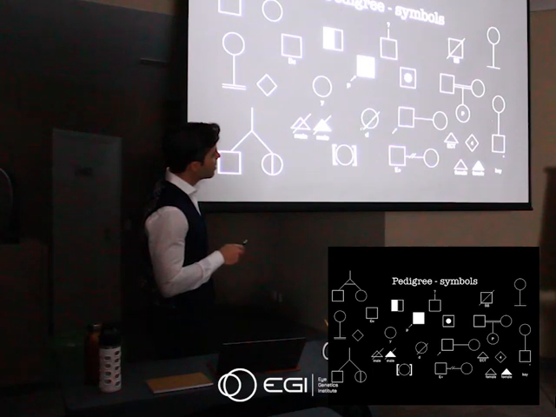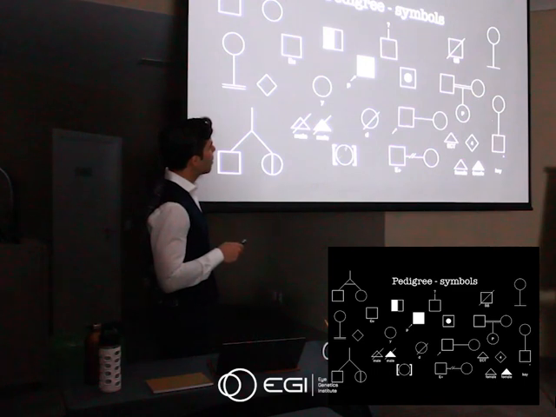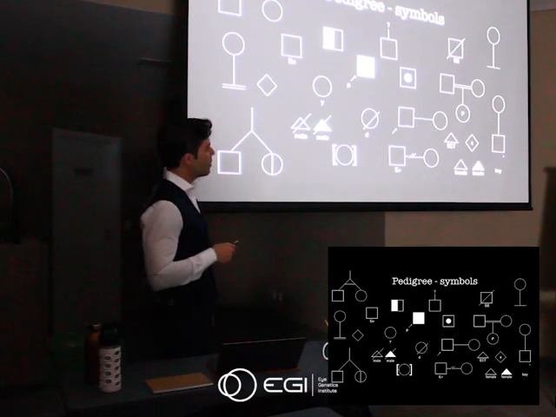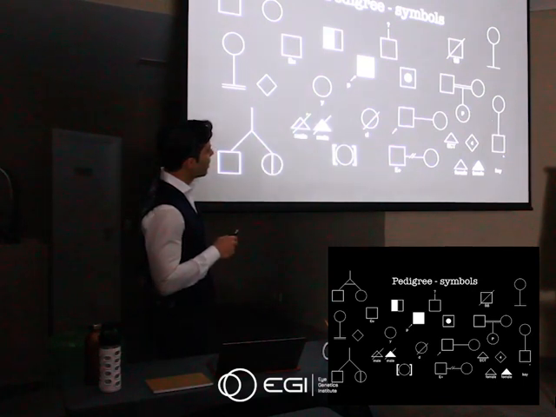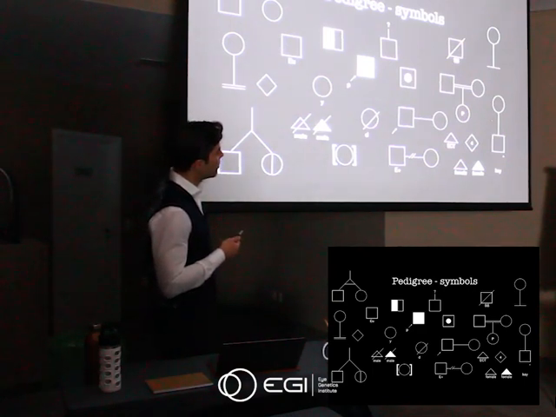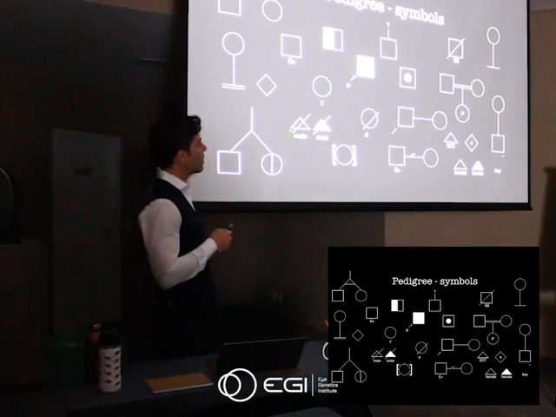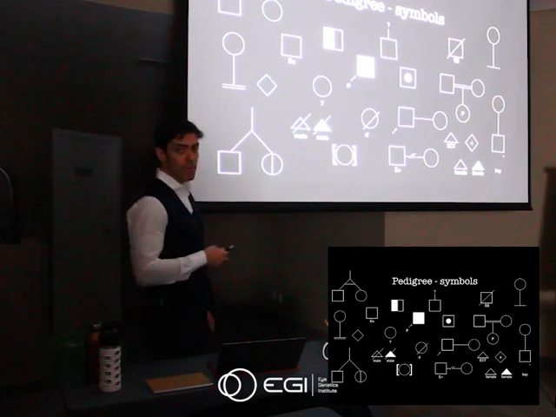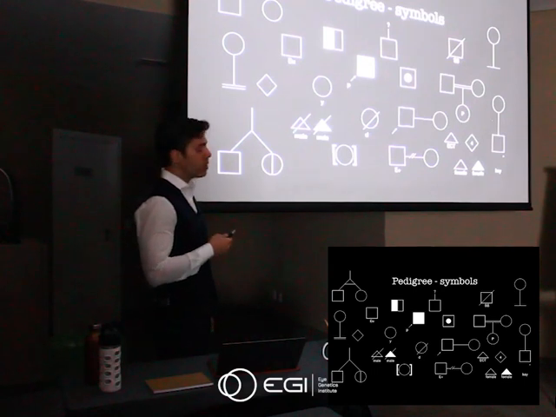When we have this line here, it means that the patient is deceased. When we have a triangle, it means that the gestation didn't come to term, and it was a spontaneous abortion.